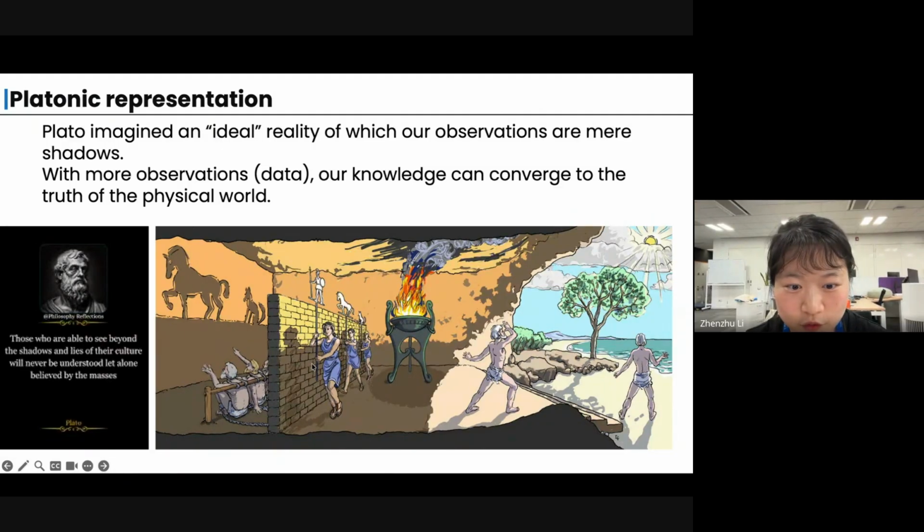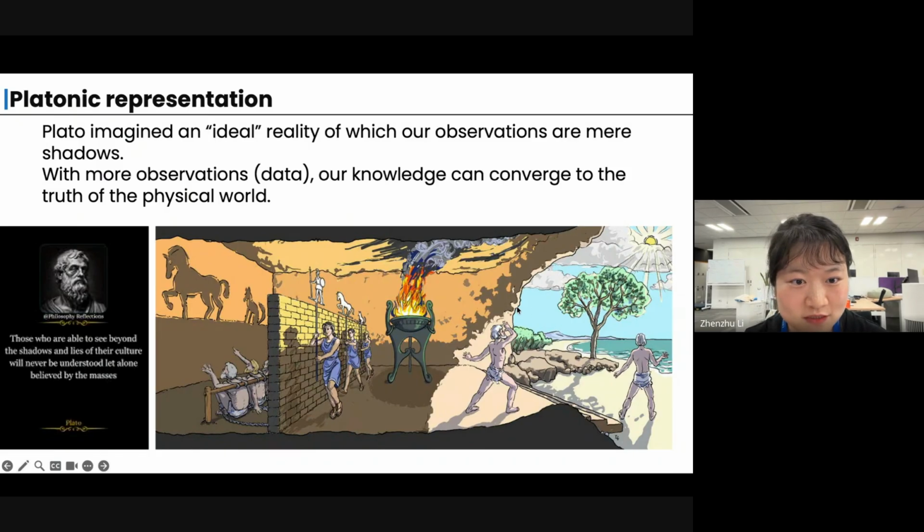When we are in a cave, we try to understand the environment around us, but we don't have any knowledge outside. So when we try to perceive the world, it is only based on the shadows. If we can go outside of the cave, which means we have more data or more observation of the world, then we can construct a better understanding of the reality.